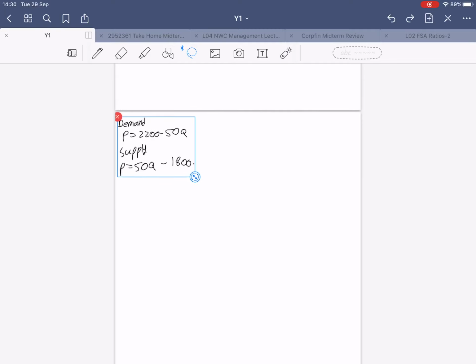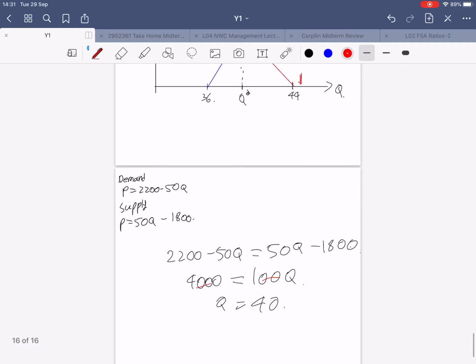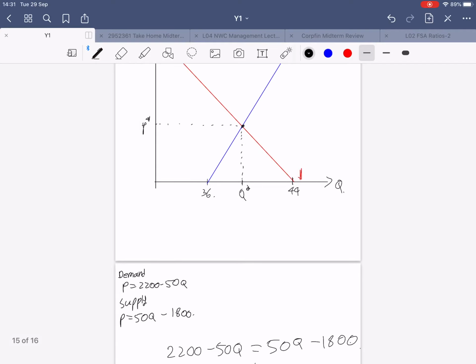So it is going to be 2200 minus 50Q is equal to 50Q minus 1800. So it is going to be 4000 equals 100Q. So Q is going to be 40.